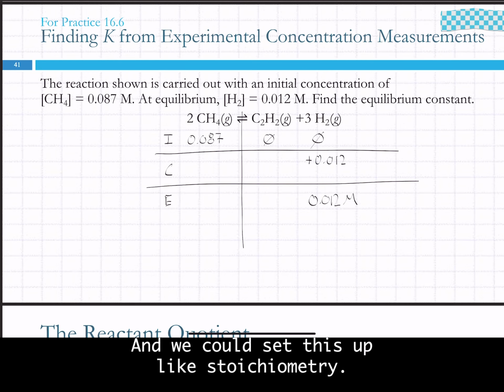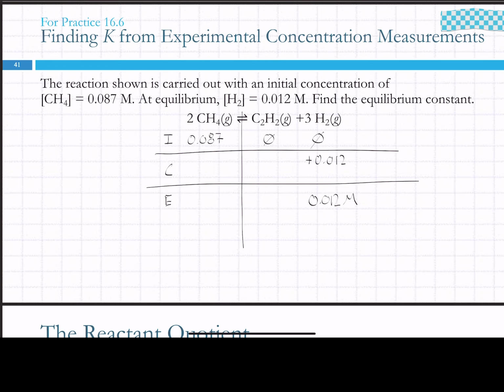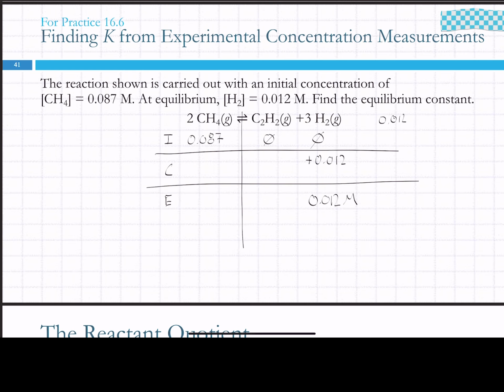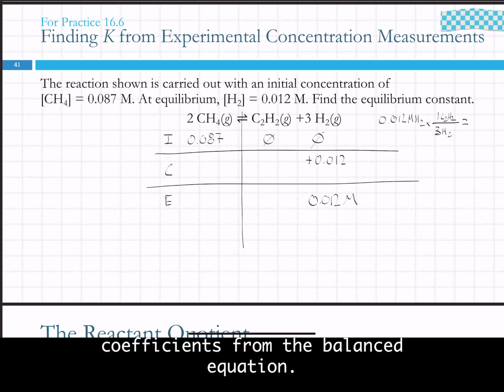And we could set this up like stoichiometry if you want. So this is a concentration of 0.012 molar H2. So 3 H2, 1 C2H2. And so that gives us, oh, we need to divide that by 3, using those coefficients from the balanced equation.